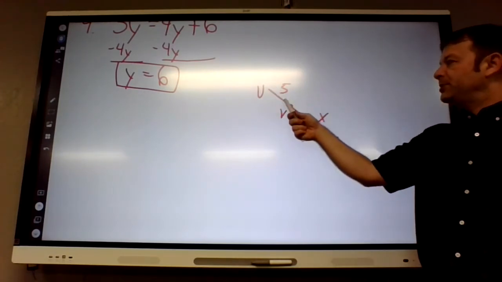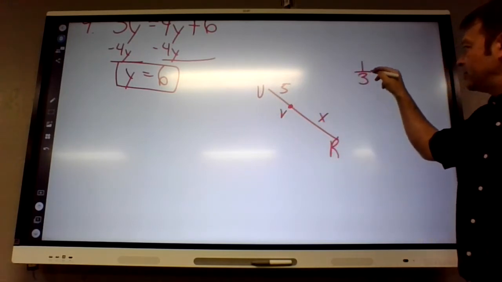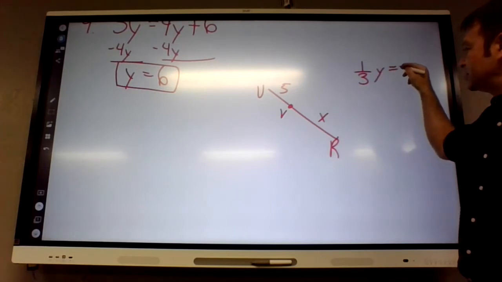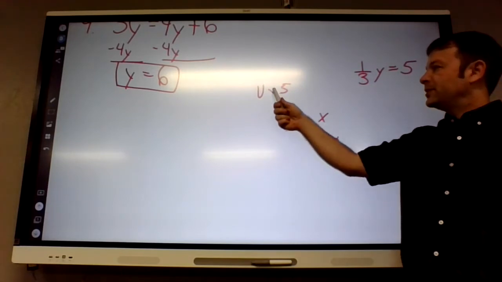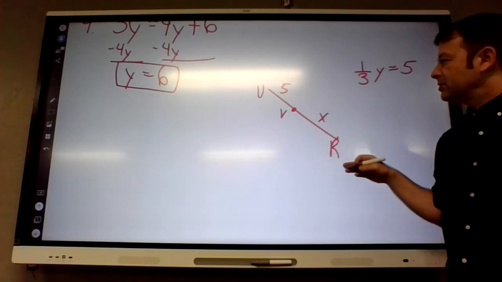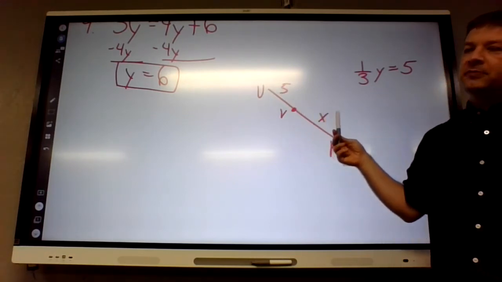Well, UV should be 1/3 of the whole thing, right? So 1/3 of what value would give us 5? If this is 5 and it's 1/3 of the way, what's the whole thing gotta be? 15.